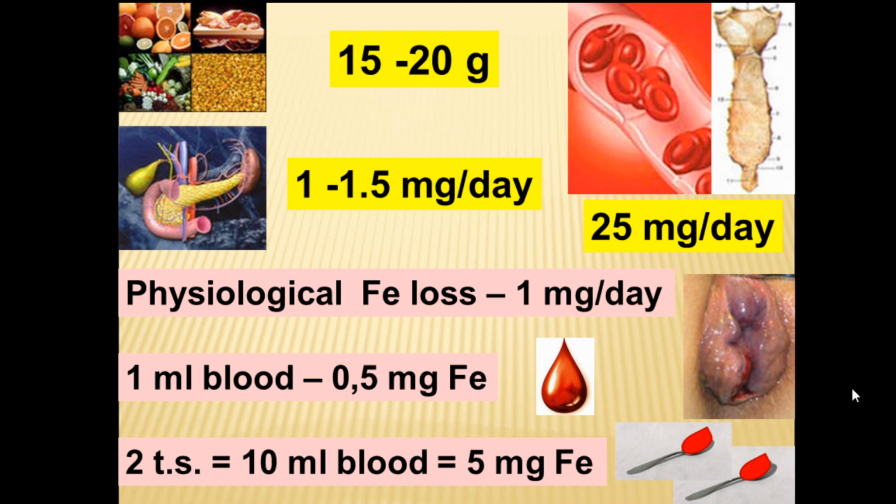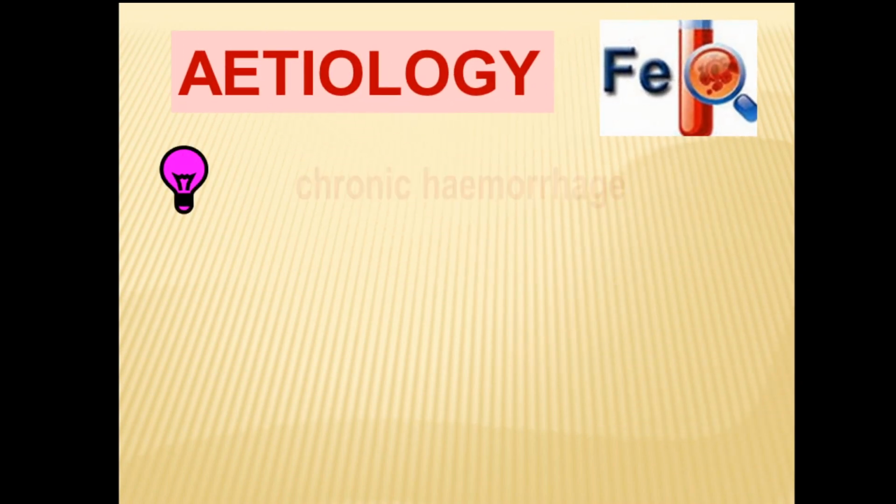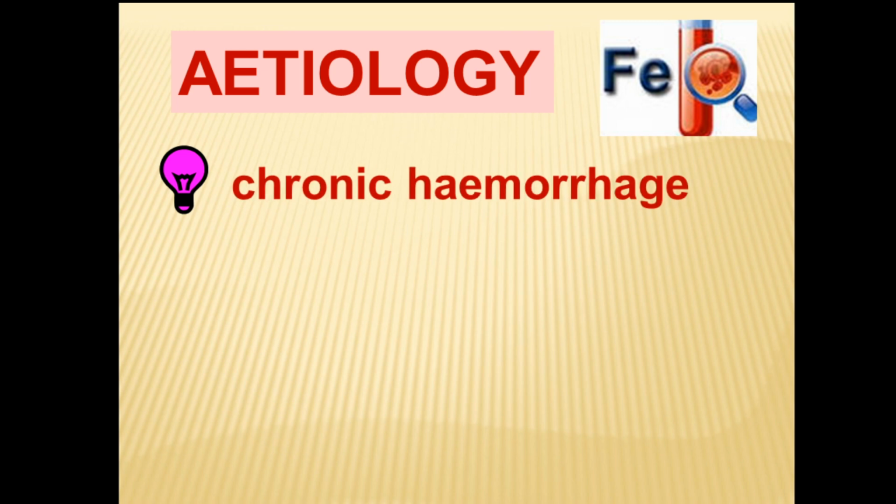First of all, due to hemorrhoids, bleeding on which the patient does not intensively focus attention and go to the doctor in time, and some other bleeding about which we'll say later. Etiology of iron deficiency anemia is chronic hemorrhage, first of all.